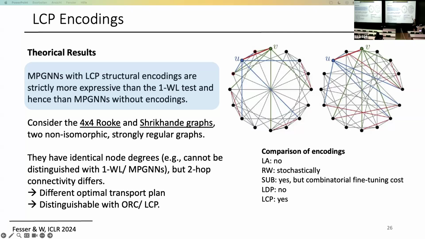So here are plots of the two graphs. And what I have drawn here are essentially the optimal transport plans. By symmetry, this follows for the other edges, but if we just look at the edge UV that is highlighted in red here, the neighborhood of U is shown with these blue edges, and the neighborhood of V with green edges.